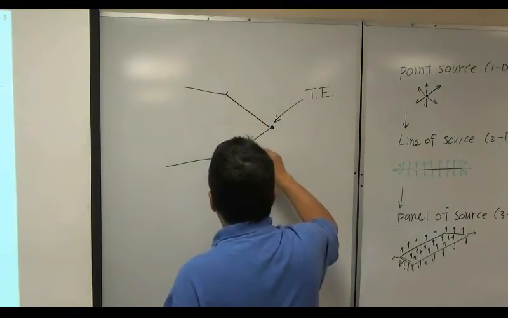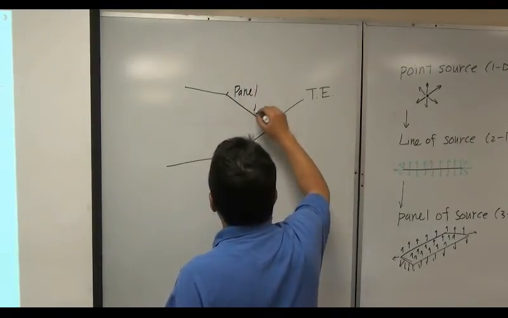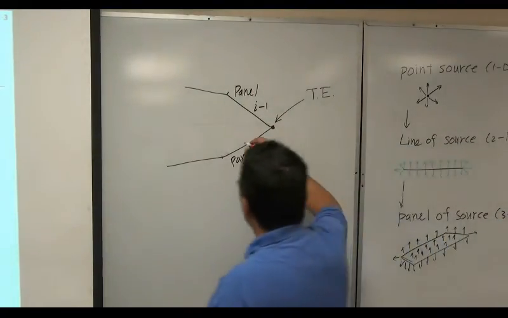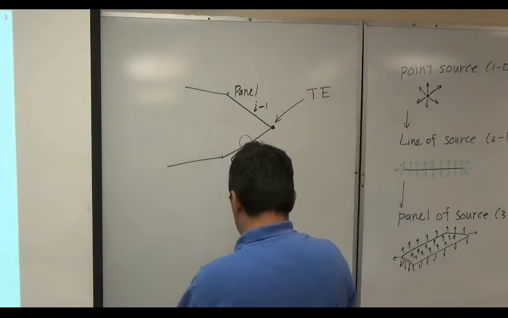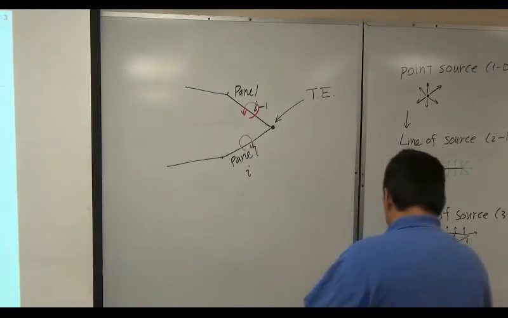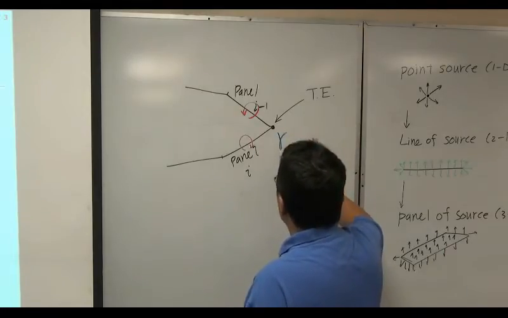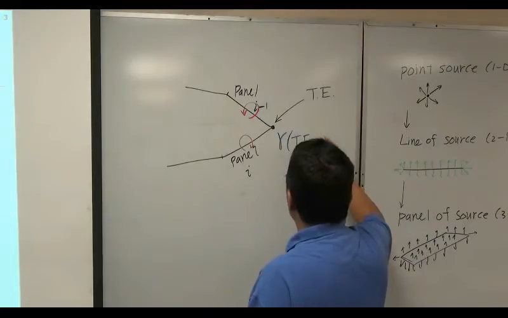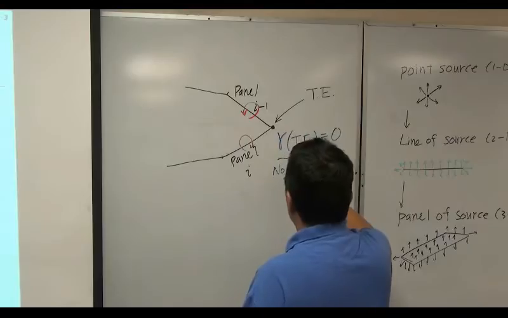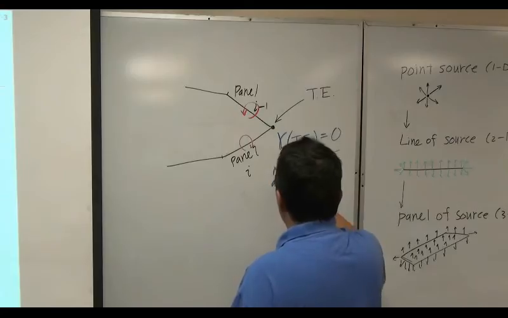This is a panel i. This is a panel i-1. Okay? So suppose this panel has this much circulation. Suppose this panel has equal and opposite circulation. So they're actually making that circulation gamma at the trailing edge is equal to 0. No circulation at the trailing edge.